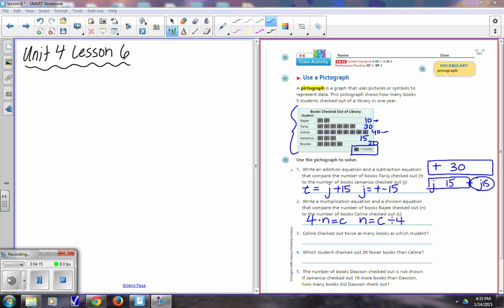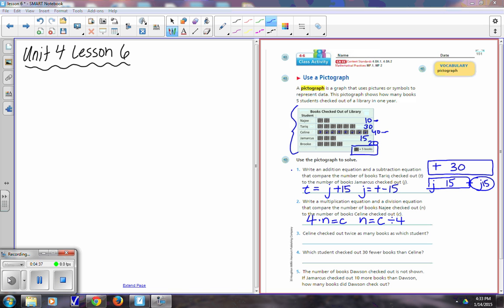So we're looking at Celine, who checked out twice as many books as which student? So just looking at this information, which one is going to be 2 times less than Celine?